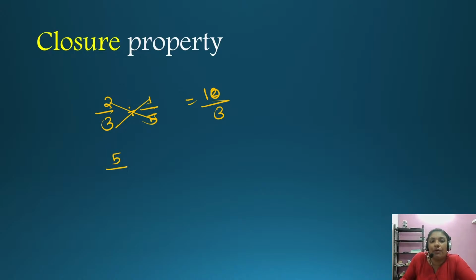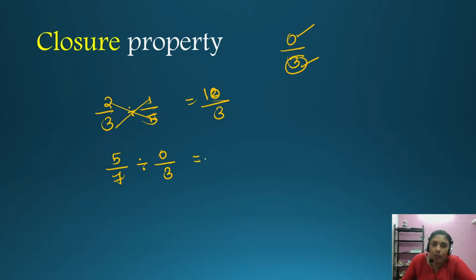What will we take? Yeah, 5 by 7 divided by 0 by 3. Is 0 by 3 a rational number? Yes, right? 0 is an integer, 3 is an integer, and 3 is not equal to 0. So, of course, 0 by 3 is a rational number.